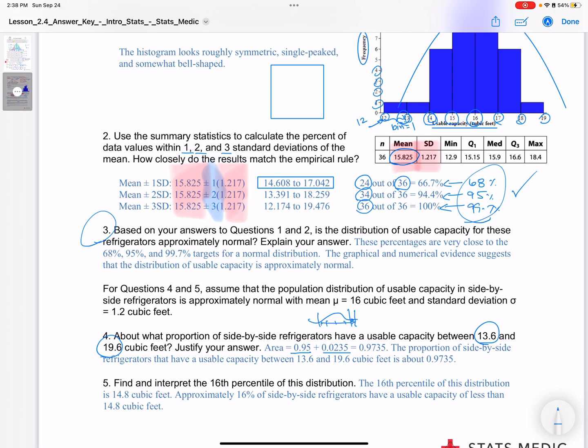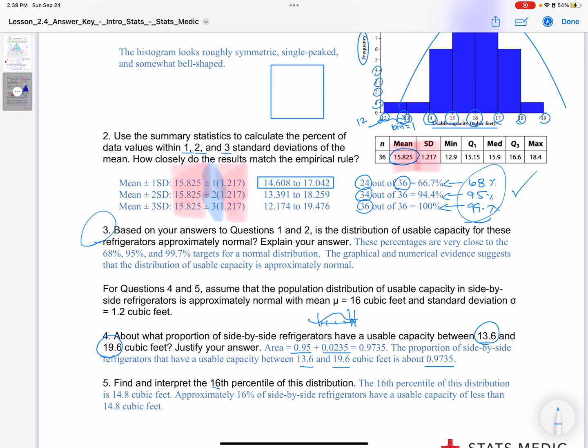If you look at that, that's going to be between 13.6 and 19.6 because that's 97%. So what you're trying to do is find the value that is between this area. And so that's exactly what it did. It says, okay, this is 97.35%, and you're going to find the area.